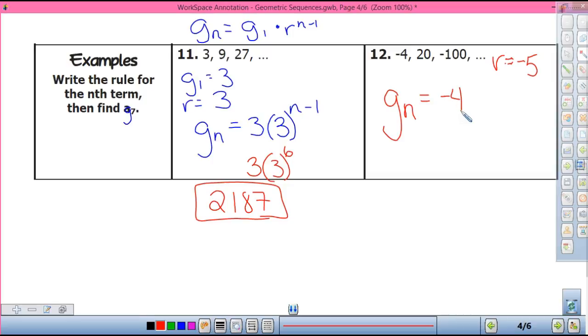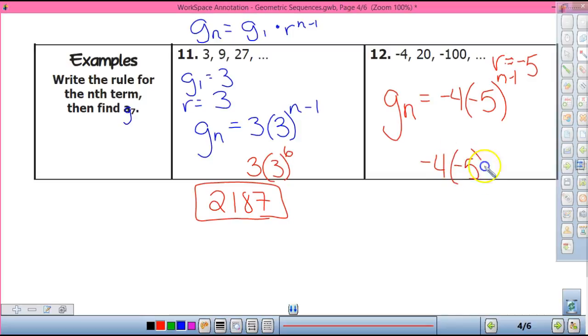We've had this discussion. Times, what's my common ratio? -5 to the n minus 1, because we want the formula first. When we're figuring it out, now we're going to put 6 in there. Now you can start pushing buttons in your calculator.